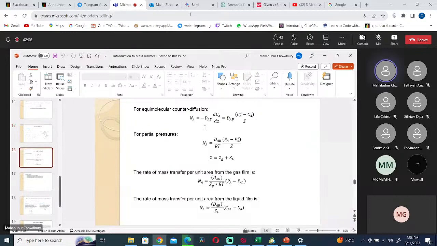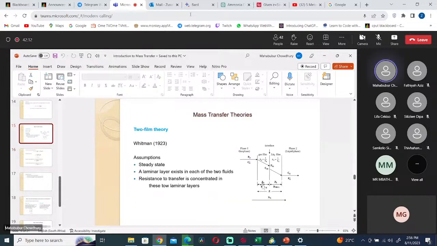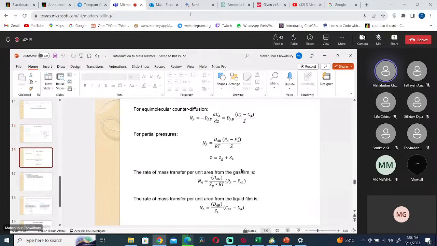For partial pressures it is basically this equation, and your total thickness Z is the thickness here plus the thickness there. Then the rate of mass transfer per unit area from the gas film is similarly from that to that, and the rate of mass transfer per unit area from the liquid film, which is from here onwards, is this.